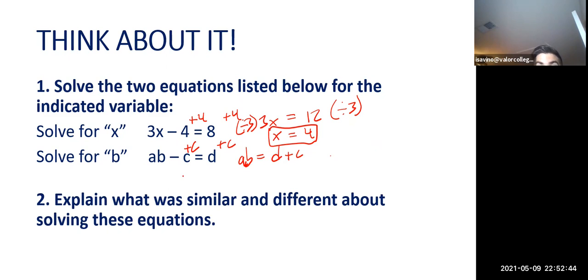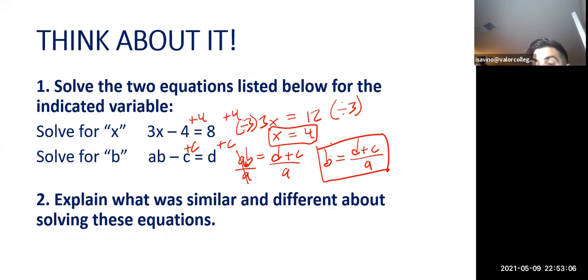And then once we get there, if we're solving for b, we have to make sure that we divide by a on both sides. And now we have b is equal to, of course, cross that out, b is equal to d plus c over a. That is our answer. And that is essentially the same thing we did before, but now with numbers.